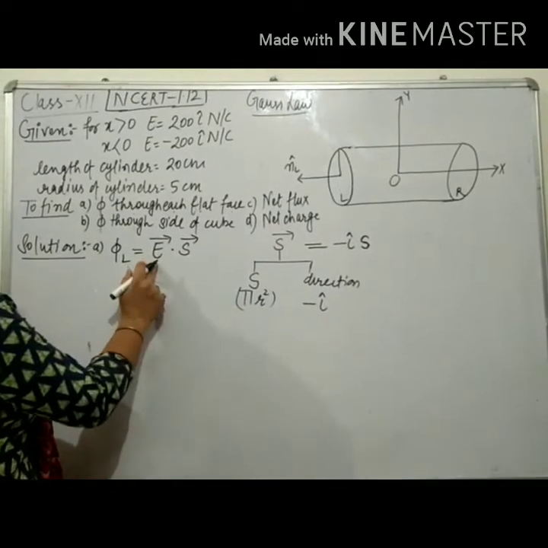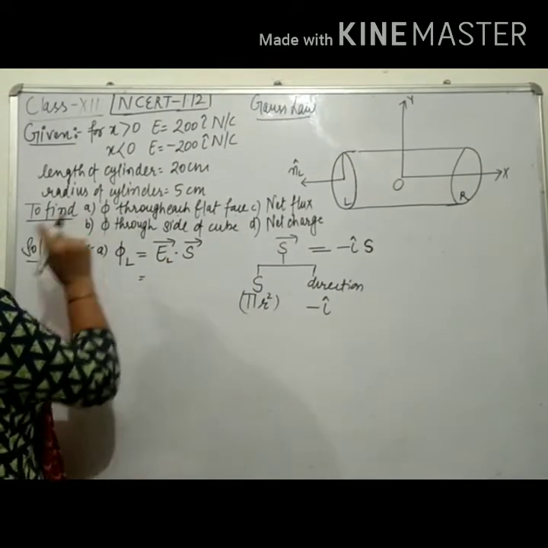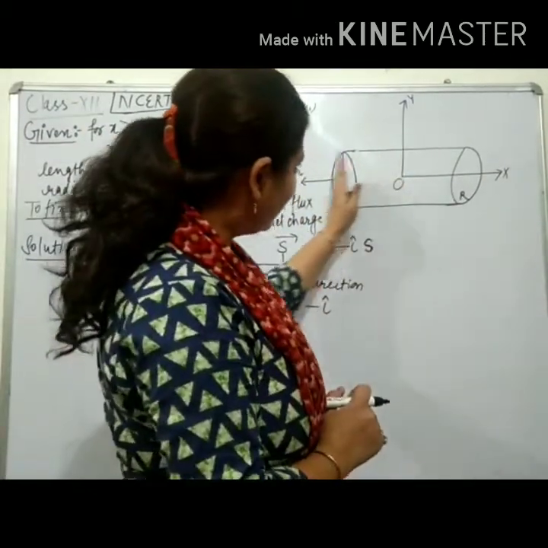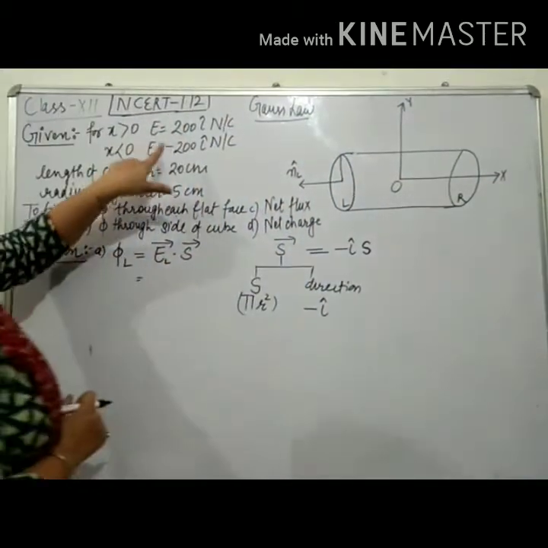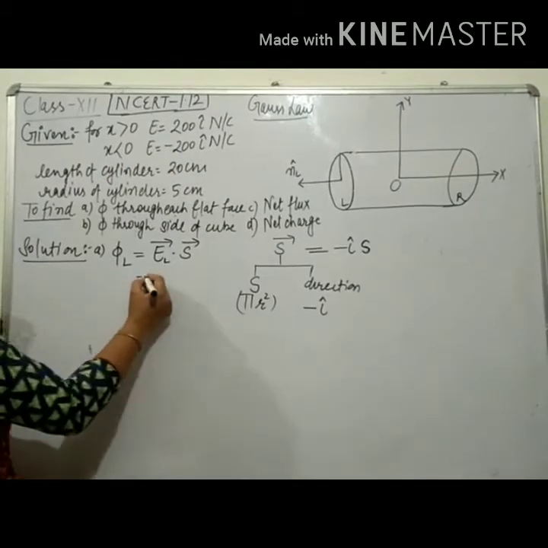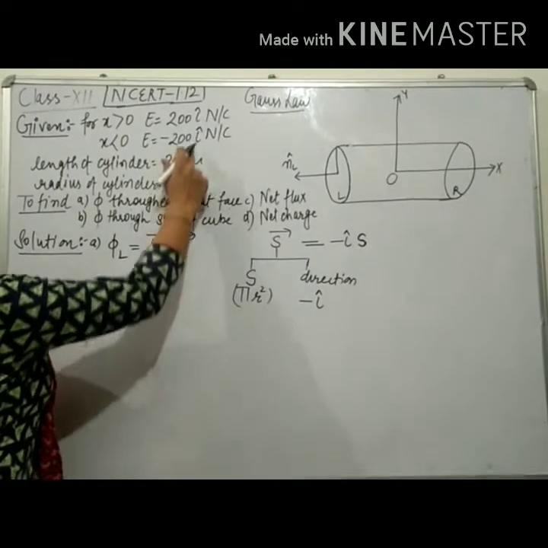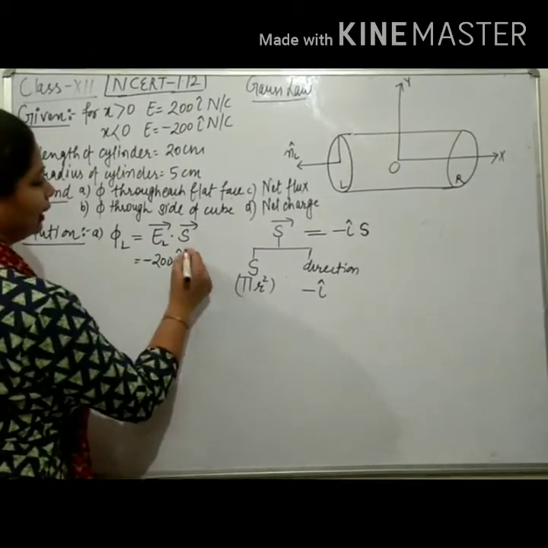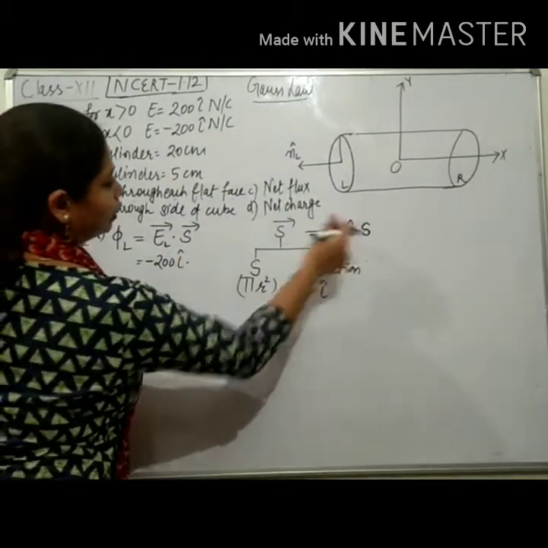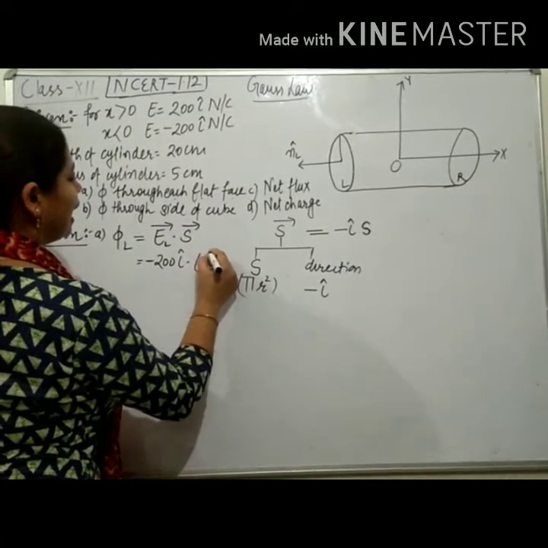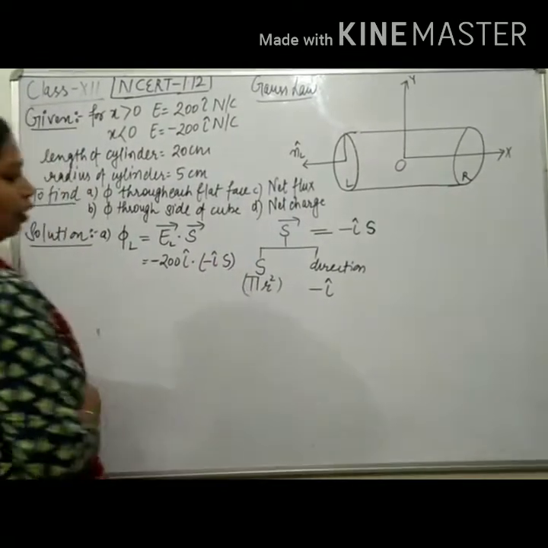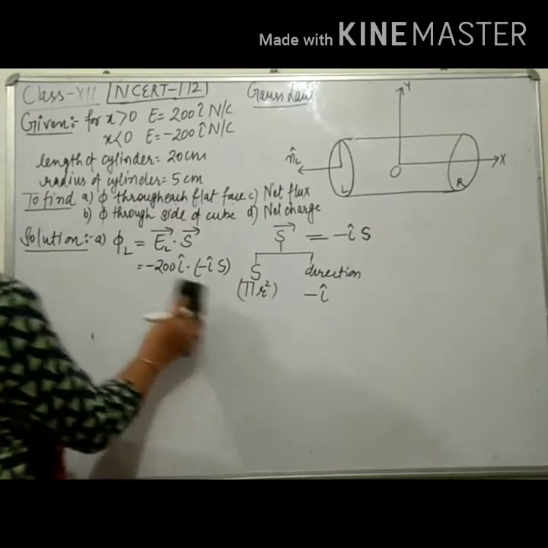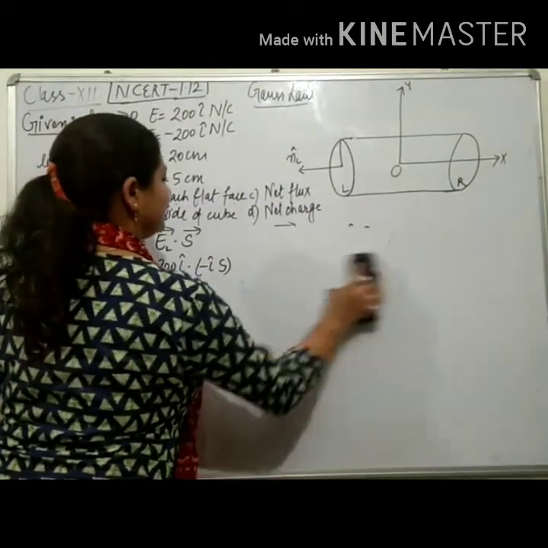What is the value of the electric field for the left? For x less than 0, we have to use minus 200 I cap. And the S vector is equal to minus I cap S. Okay students, we have to find the flux, so we multiply these two.